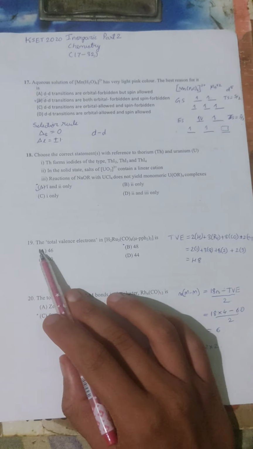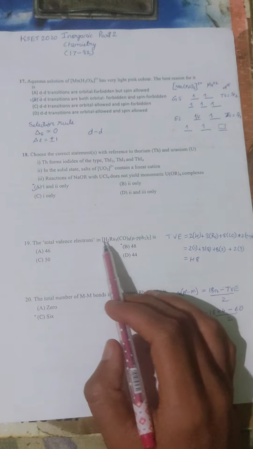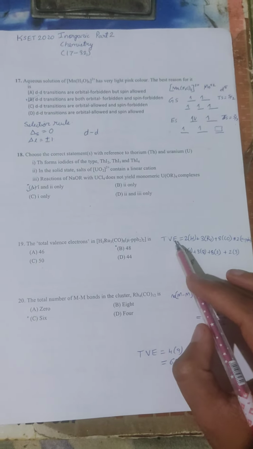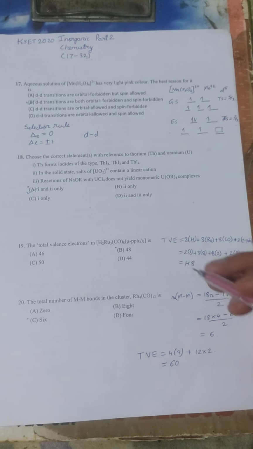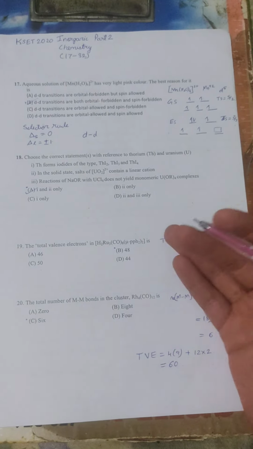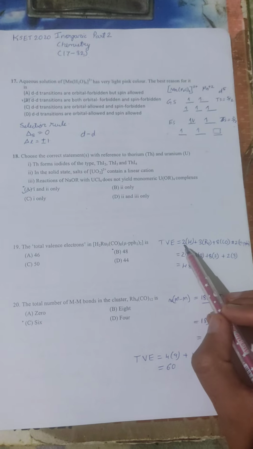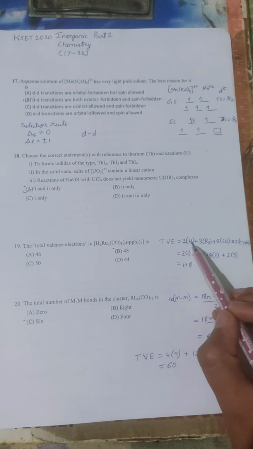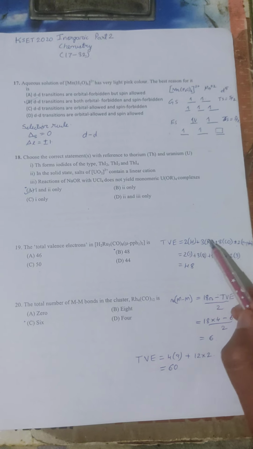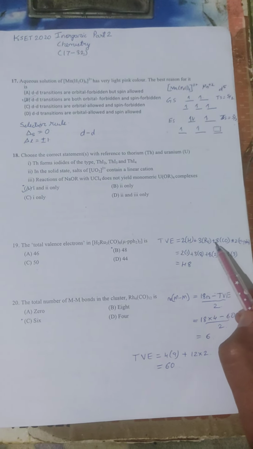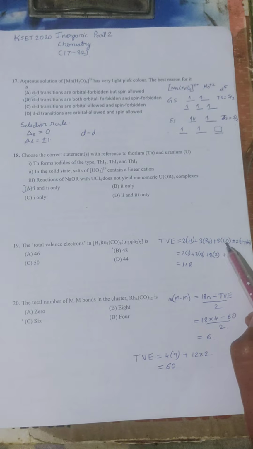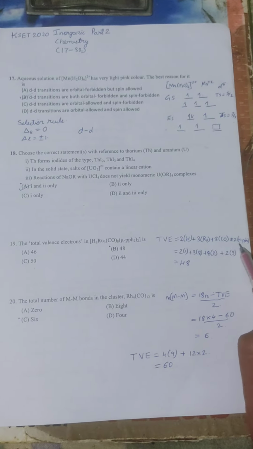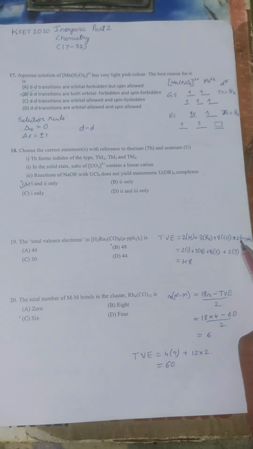Now in the next question, we have to find the total valence electrons in this complex. To calculate total valence electrons, we have to find the valence electrons of each. Here I have taken from each element. Since there are 2 hydrogens, 2 times the number of electrons, plus 3 times ruthenium, plus 8 times CO because it is a complex, and plus 2 times mu-PH2.